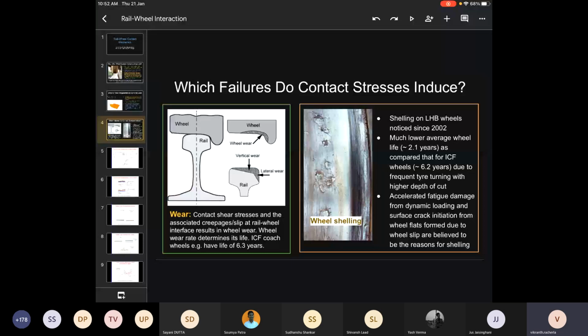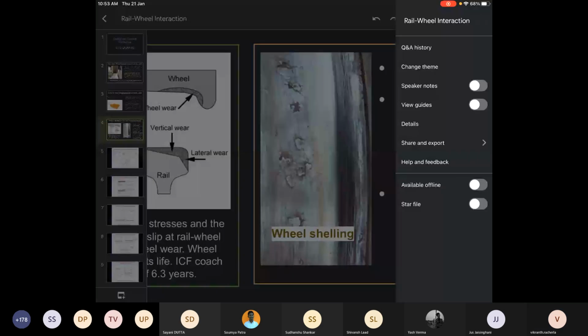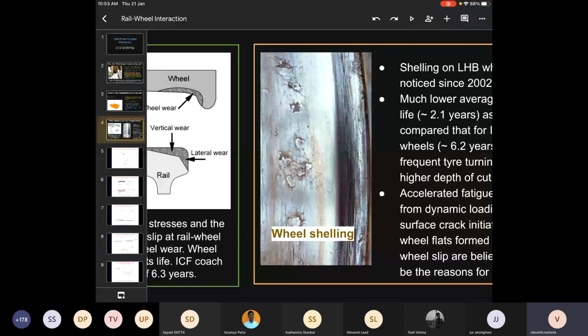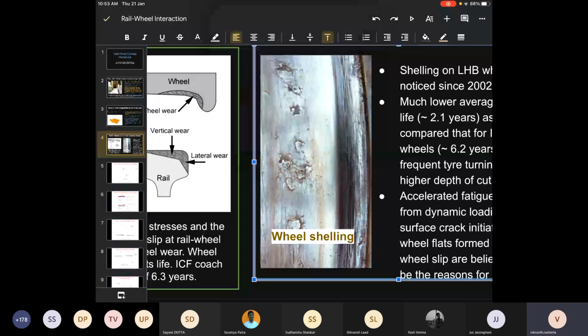This is what I meant. You can see the chipping, na? So this is rolling contact fatigue failure. You can see the shelling, where I have written wheel shelling.